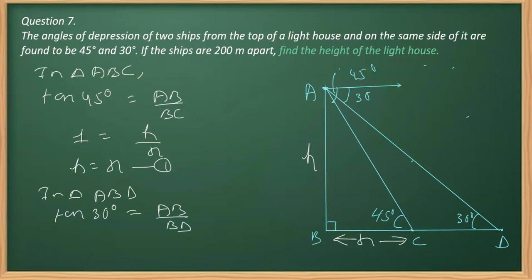So tan 30 is 1 over root 3, and AB is H here. And what about BD? As you can see, the distance between the two ships is 200 meters. So the length of BD will be X plus 200. This will be your second equation.